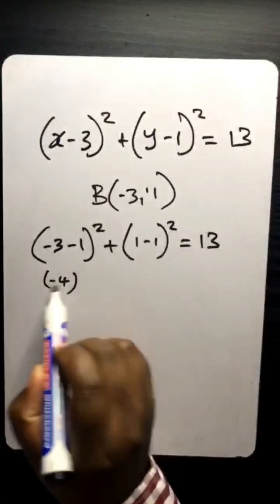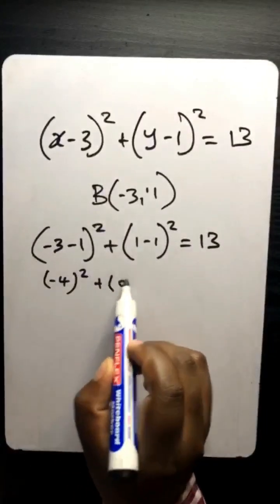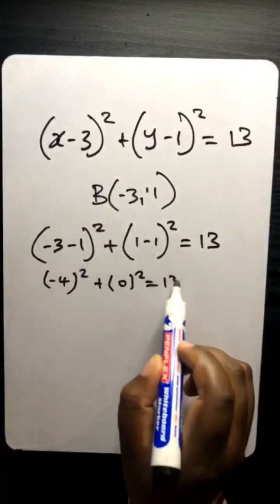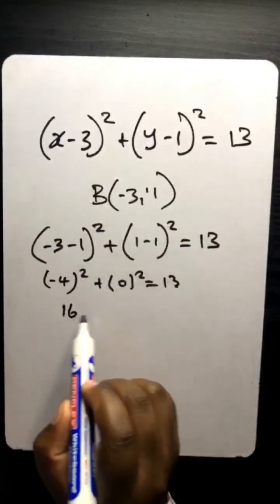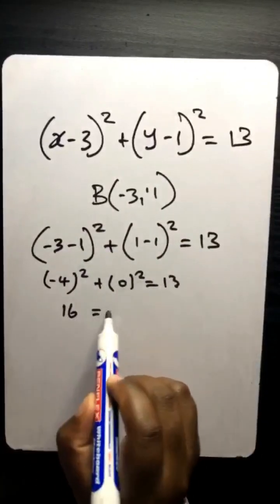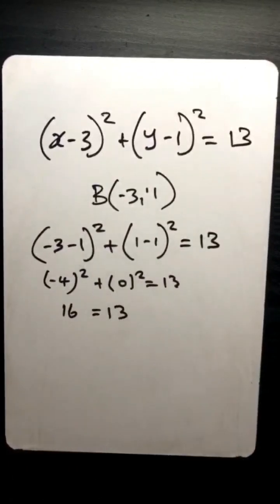This is -4 squared plus 0 squared, compared to 13. This is 16. This is 0. This is what we're getting, honorable member. Then what does it mean? So 16 is not equal to 13. So the point B is outside of the circle.